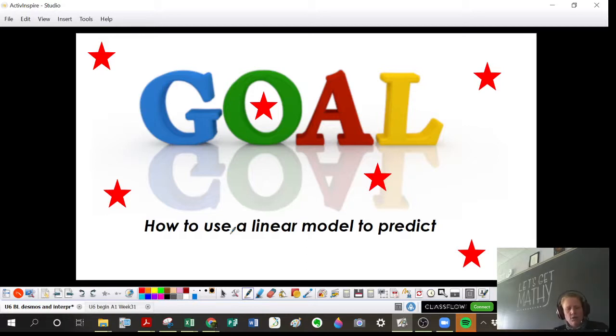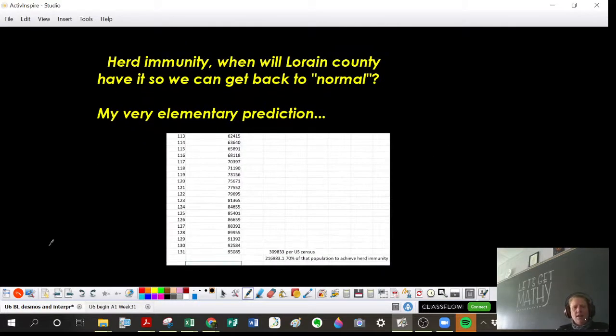So again, I chose to look at COVID vaccinations in Lorain County using the Ohio dashboard for that. And what I did is I took all that data and I wanted to see, when are we going to achieve this infamous herd immunity that we need to get back to normal.